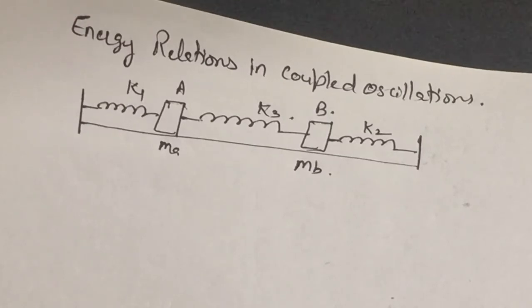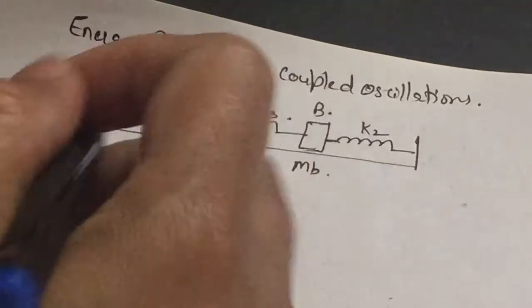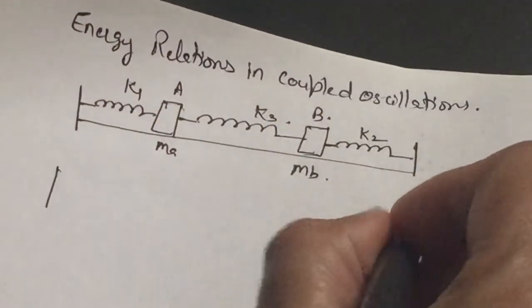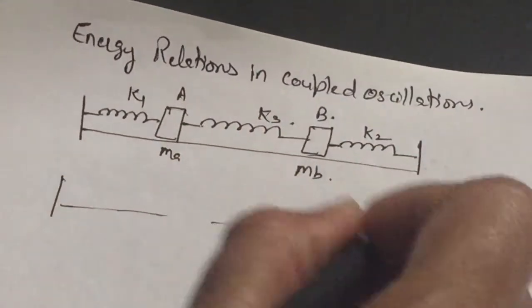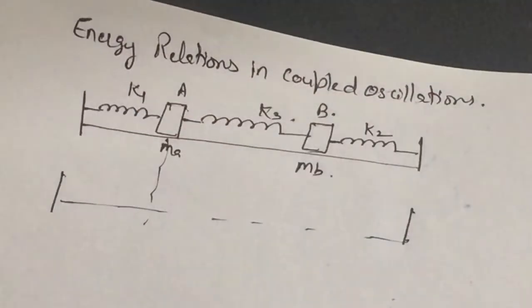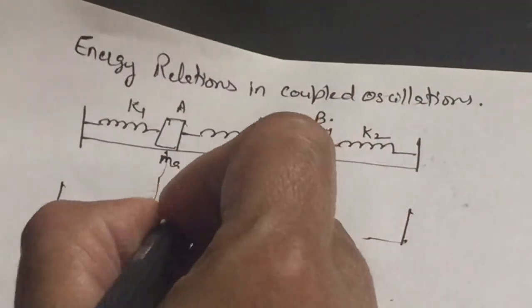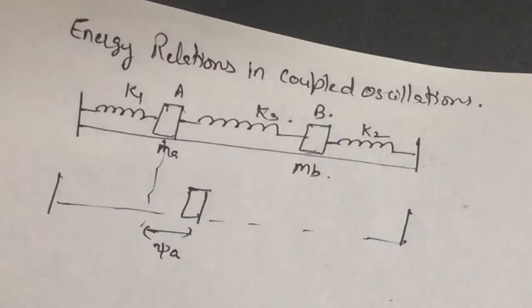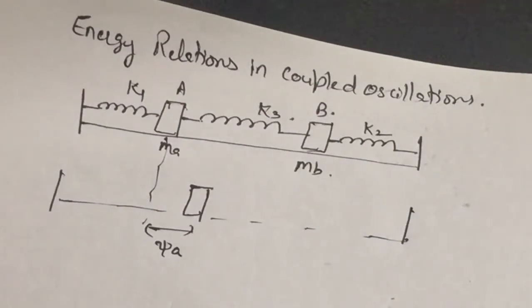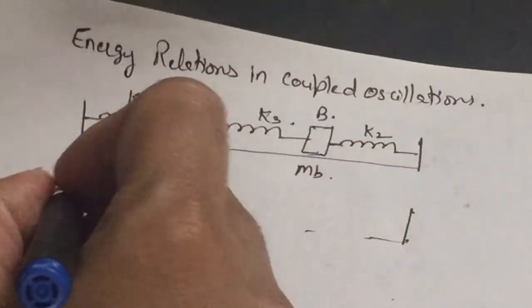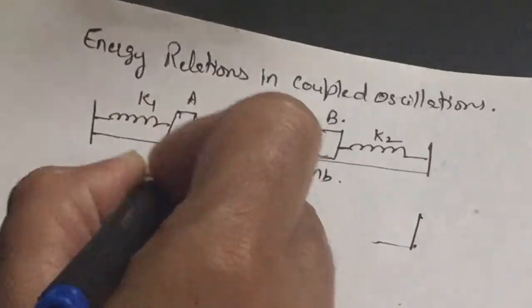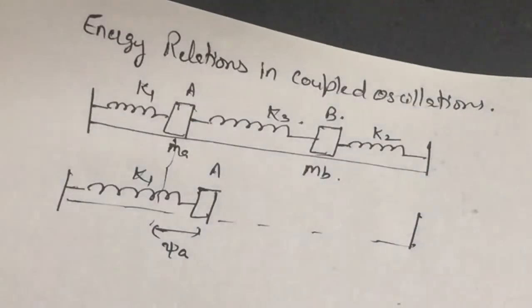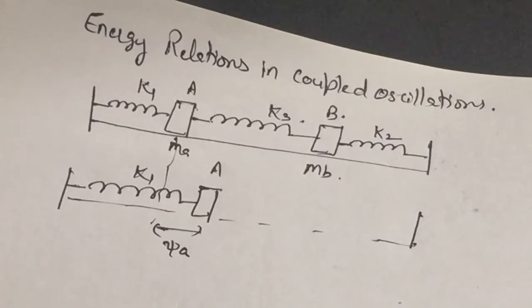And when we apply some force, let us consider the particle A gets displaced from its mean position. Now the particle moves with a displacement of psi A when the applied force is given to particle A, and the first spring gets an expansion.